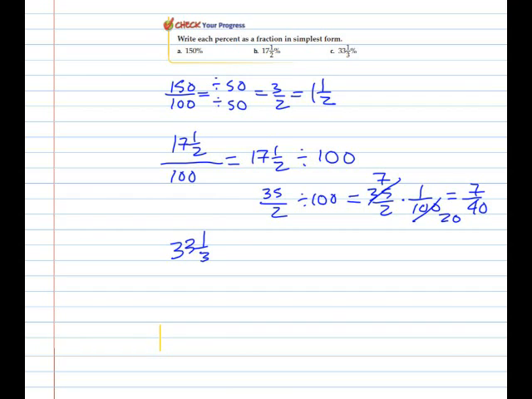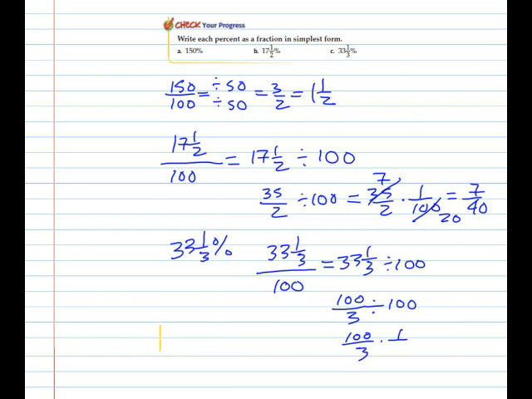C, 33 1/3. At some point you're going to recognize that 33 1/3% is 1/3, but we'll do it their way just to reinforce that. 33 1/3 divided by 100, because percent means per 100, means 100 over 3 divided by 100, which means 100 over 3 times the reciprocal of 100, which is 1 over 100.